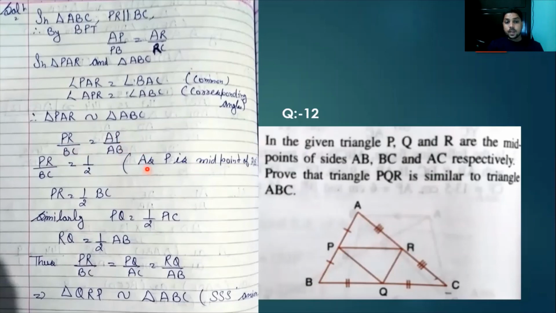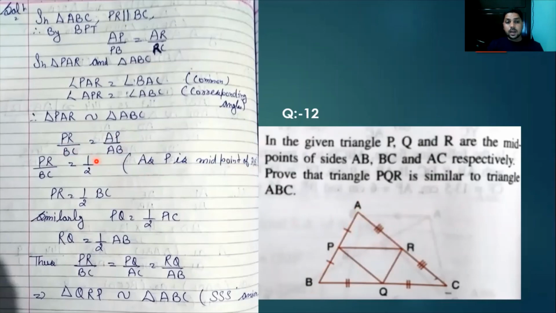Now, as P is the midpoint of AB, complete AB can be written as twice of AP.